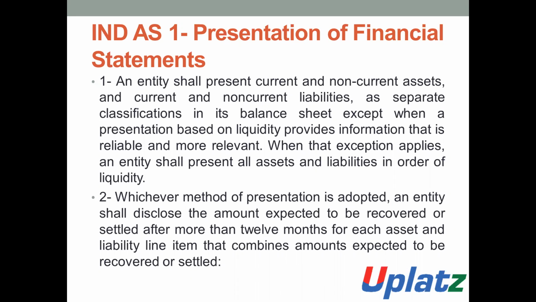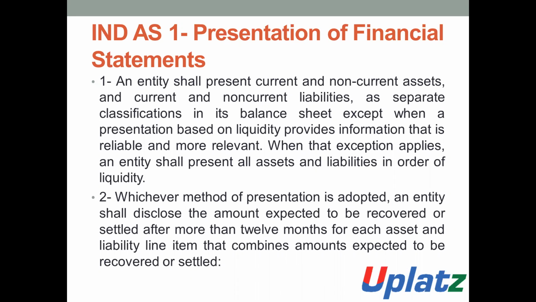Whichever method of presentation is adopted, an entity shall disclose the amount which is expected to be recovered or settled after more than 12 months for each asset or liability line item that combines amounts expected to be recovered or settled.